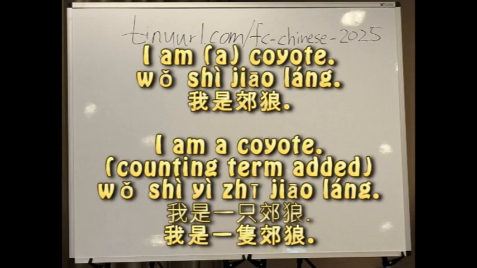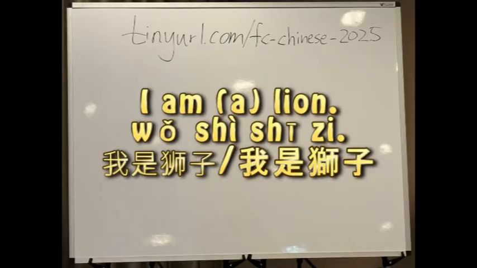We can skip the word, I think. So anyone want to practice, try it? Okay. 我是狮子。 Yes. 狮子, yes. 我是狮子, yes. Perfect.